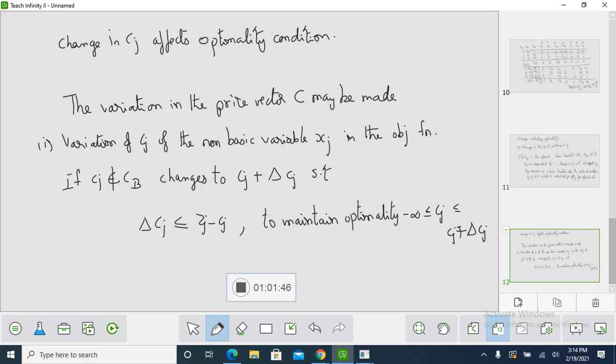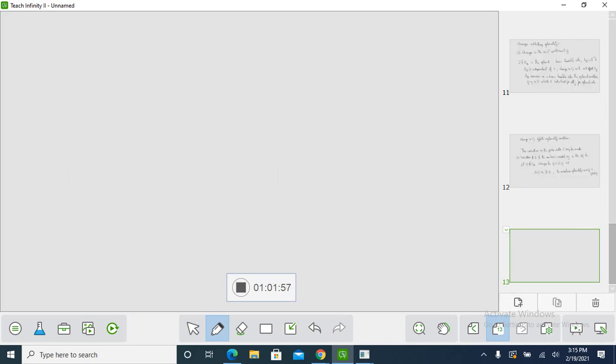Variations of Ck of the basic variable xk in the objective function.